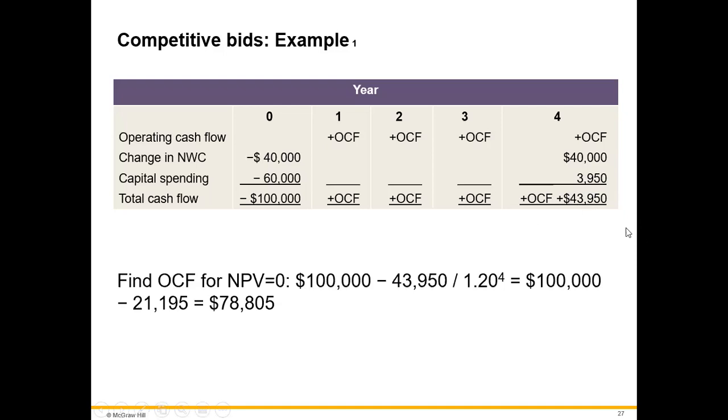So the future cash flow, positive $43,950, divided by 1 plus the required rate of return. And since this is cash flow in the 4th period, to the 4th power. So the operating cash flow for an NPV of 0 would be $78,805.